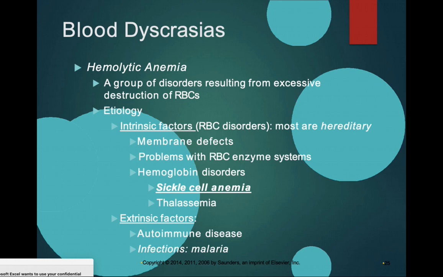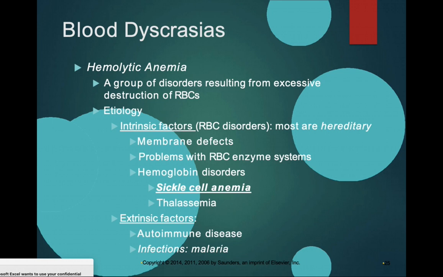Okay, hemolytic anemia. This is a group of disorders that result from excessive destruction of the red blood cell. There's the word lysis, right? Hemolytic, hemolysis. The etiology of this one, intrinsic factor, red blood cell disorders. Most are hereditary.